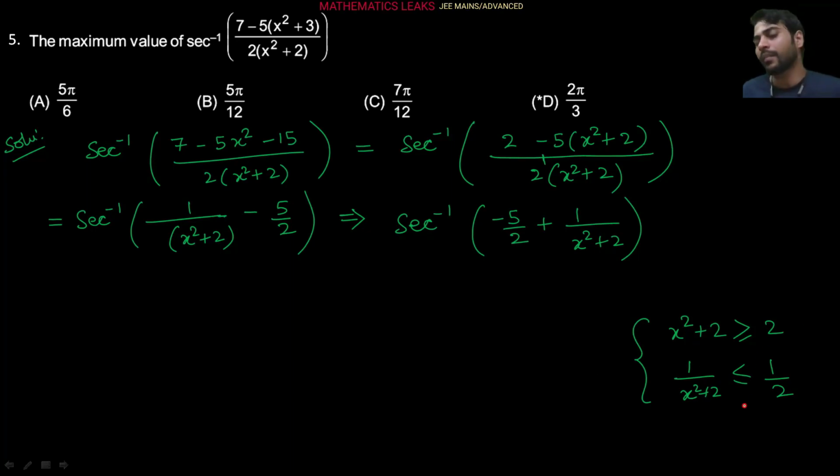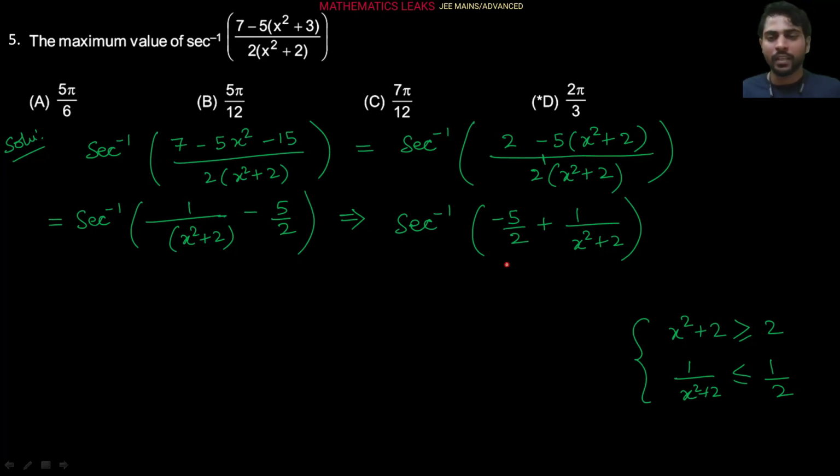In this case, the maximum possible value of 1 upon x square plus 2 is 1 by 2, correct? And the secant inverse function, if you remember its graph, is an increasing function, everybody.